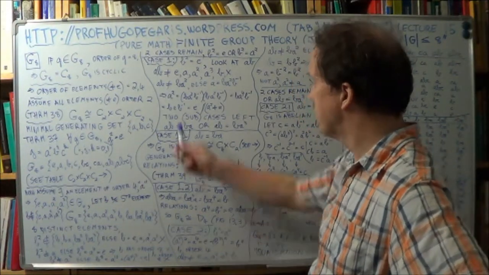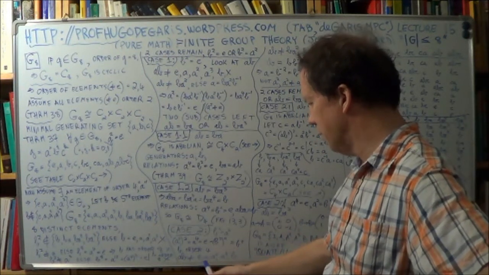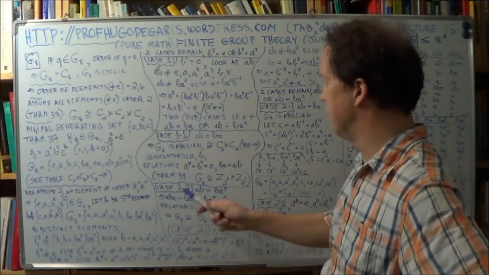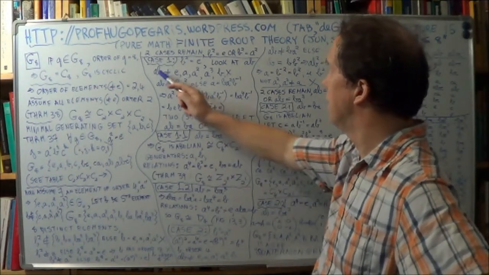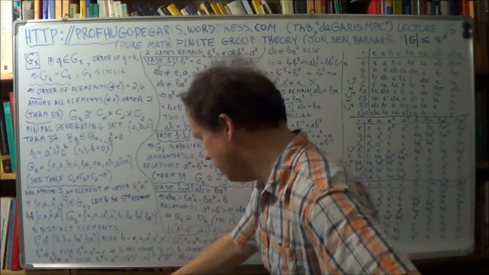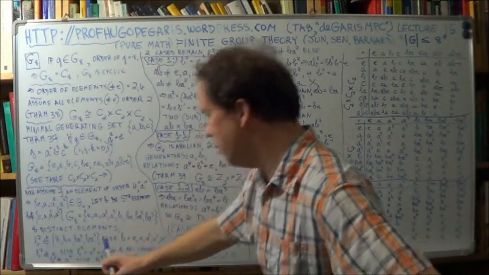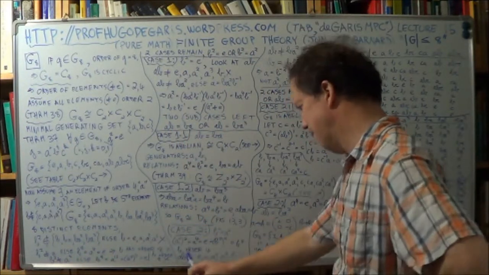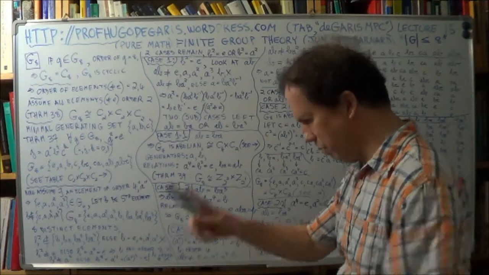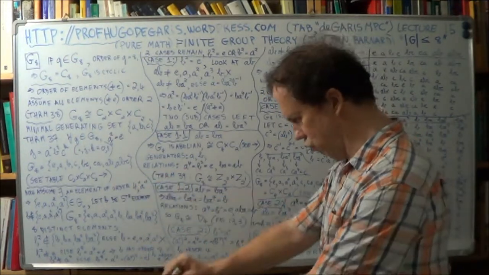Now, similarly to several times before, AB cannot be one of E or A squared or A cubed or B, right? We did that when talking about this. We've already done it twice, and we're going to do it again, right? So AB cannot be... We're talking about this as again we're filling in the group table. So AB.